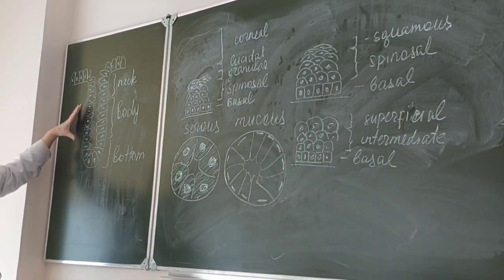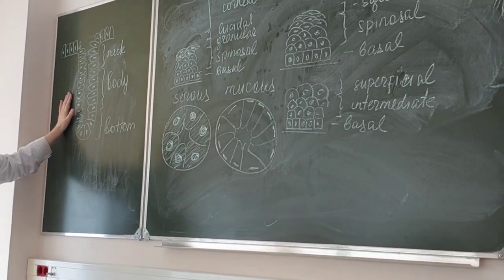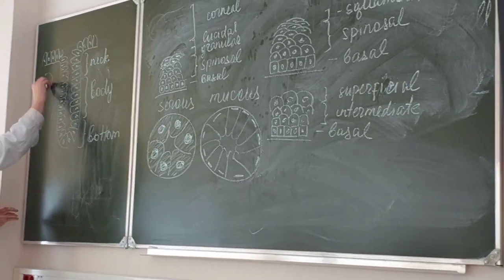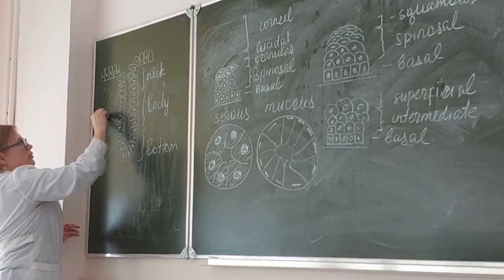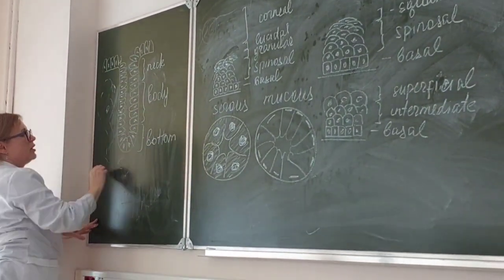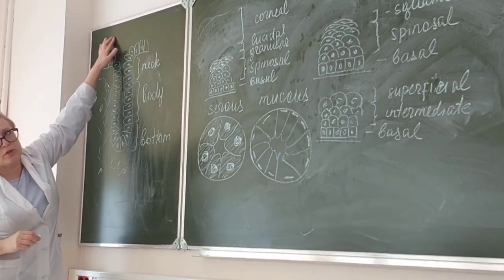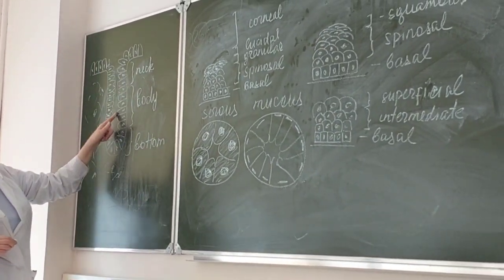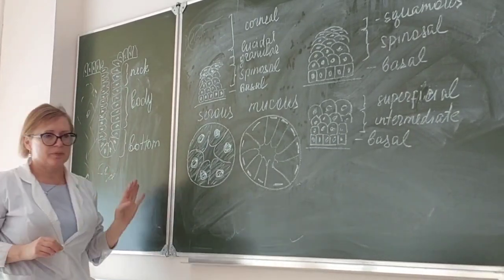Body and bottom, this is the secretory portion. So when you draw, here will be the underlying connective tissue. Yes, so this is the lumen of the uterus, this the lumen of the duct. You should draw approximately such a picture.